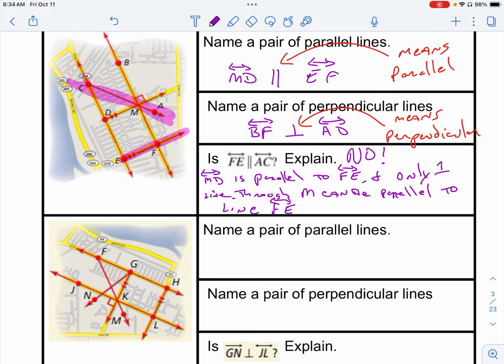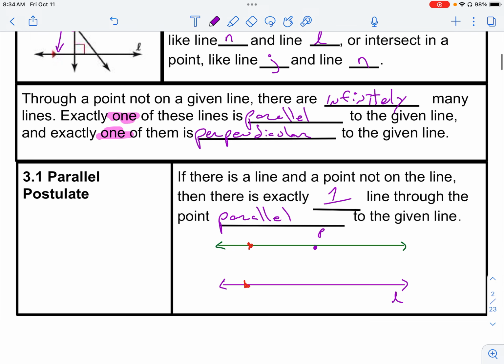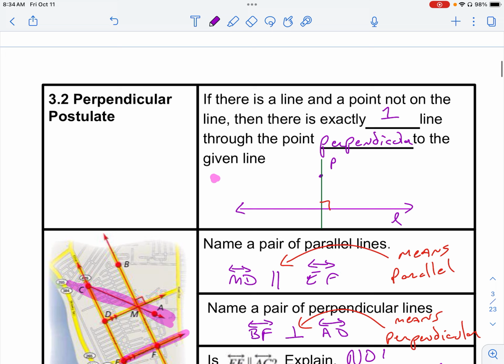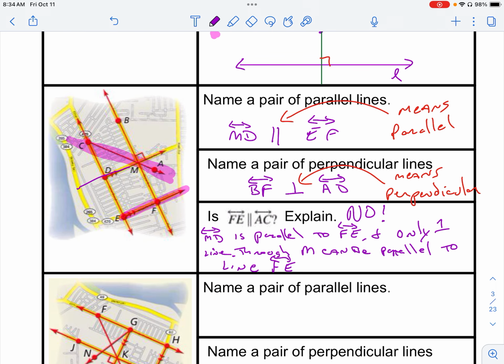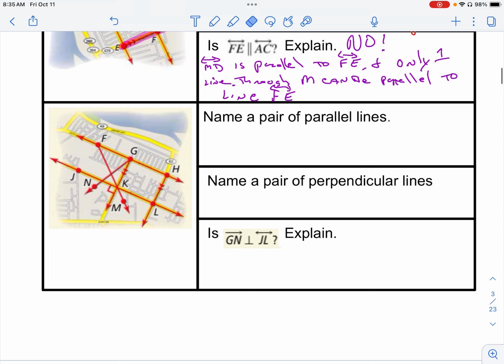So that's the real answer. By our parallel postulate up here, there's a line, a point not on the line, there's exactly one and only one line through the point parallel to the given line. Well, here DM is parallel to FE, so no other line that goes through point M or point D can be parallel to FE. Not possible. That's our rule. And since it's a postulate, we're not proving it, and we can't break it.